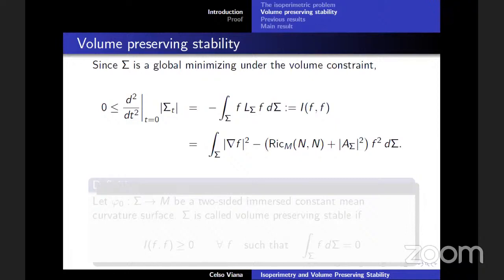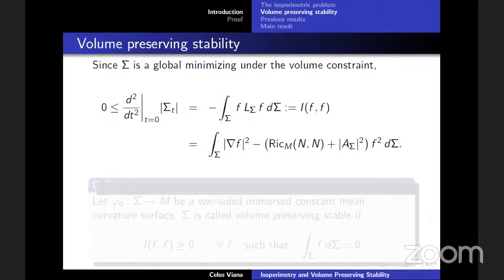And as you can see, this second derivative of area gives you a quadratic form on our surface sigma, a symmetric quadratic form. And this quadratic form is always non-negative for functions that come from volume preserving variations, right? And so the surface has this property.